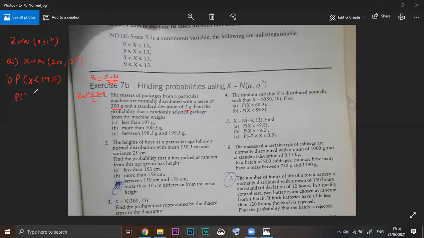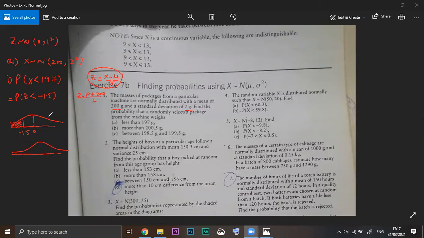The probability of z less than minus 1.5. This one is the value of z. Now the value of z is minus 1.5 and we need z less than minus 1.5.